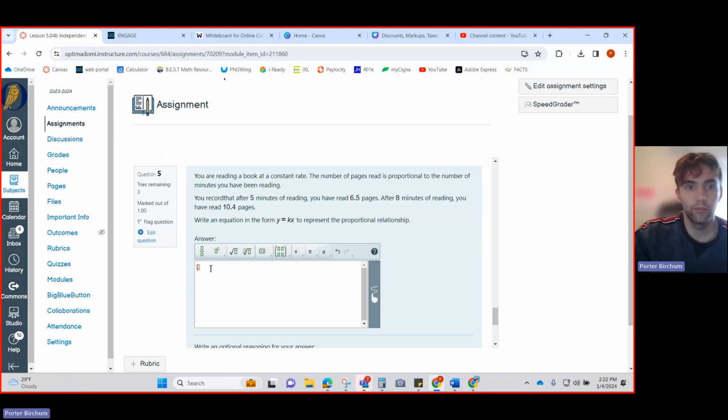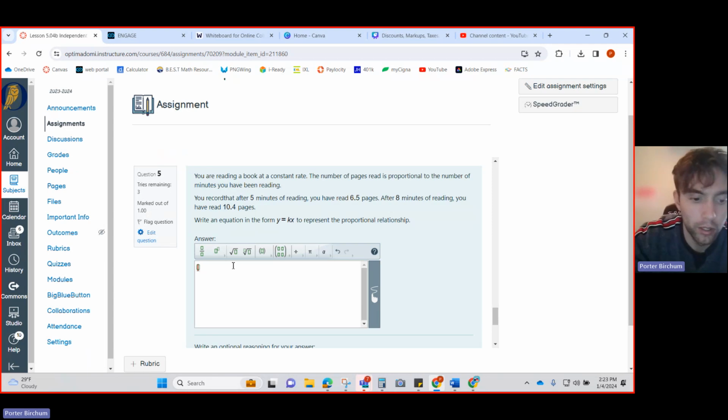Last question, question 5. You are reading a book at a constant rate. The number of pages read is proportional to the number of minutes you have been reading. You record that after 5 minutes of reading, you have read 6.5 pages. After 8 minutes of reading, you have read 10.4 pages. Write an equation in the form y equals kx to represent the proportional relationship.